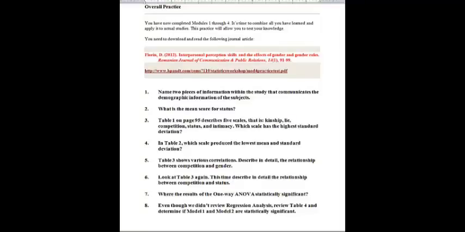If you turn to page 10 of the workbook, you'll see that we've come to the conclusion, or the culmination, of the 4 modules. You've completed all 4, and it's really time to combine all that you've learned and to apply it to actual studies. So this practice is going to allow you to test your knowledge and your skills.